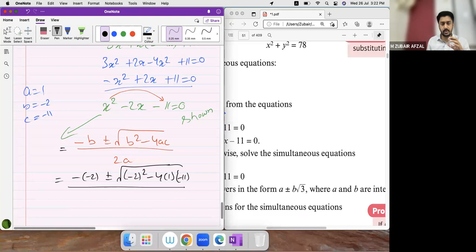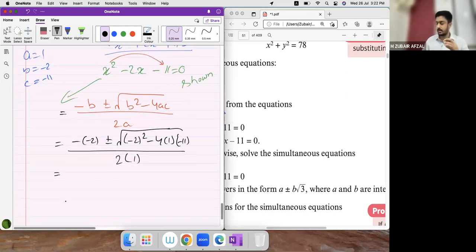And remember that the answer must be in exact form, over 2a. Using the calculator, minus 2 squared minus 4 into 1 into minus 11 is 48. So this is 2 plus minus square root 48 by 2.